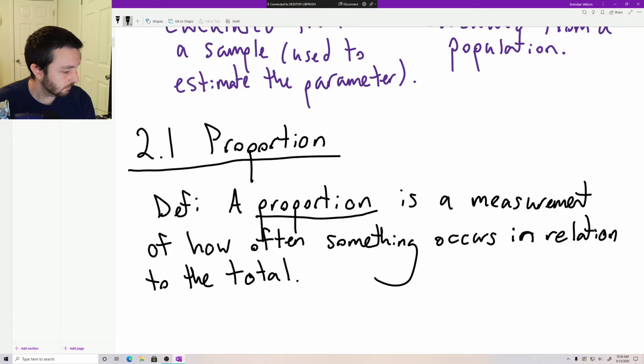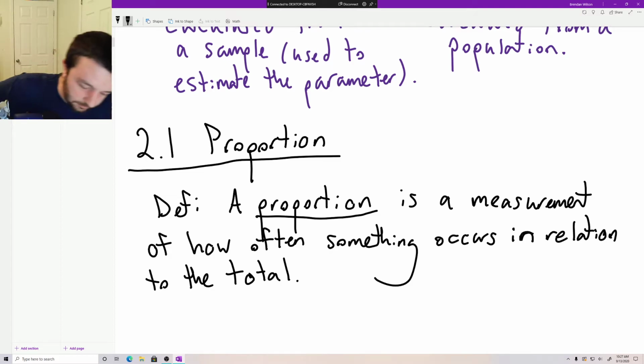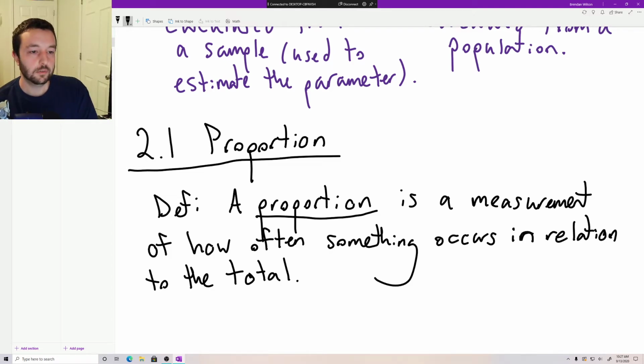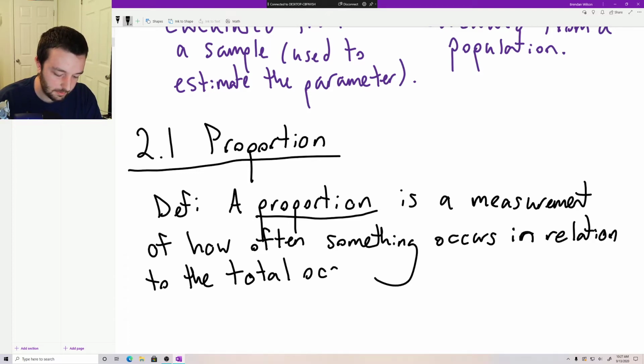Okay. So this is my own definition because there's not really a definition of it in the book. There's really just a formula for it. So measurement of how often something occurs in relation to the total occurrences, I should say. So that makes more sense. Occurrences, I don't know if there's 2 R's or 1 R. So I'm sorry if I spelled this wrong.